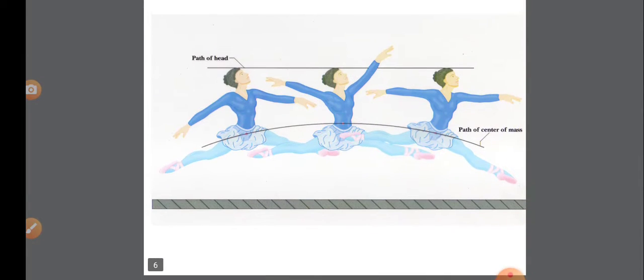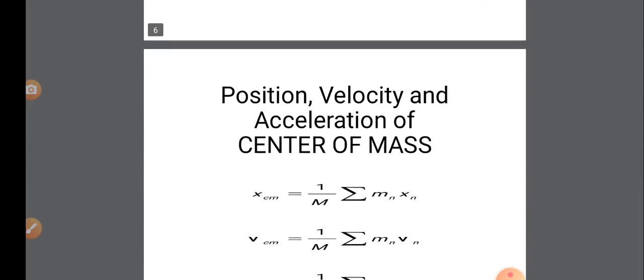This other image shows that when the body is in motion, the body parts are also in motion, but the mass of that body is supposed to be concentrated at one point. Here you can see the path of the head and the path of the center of mass.